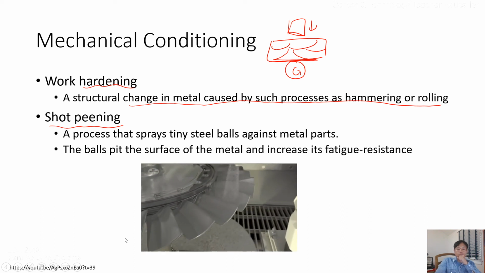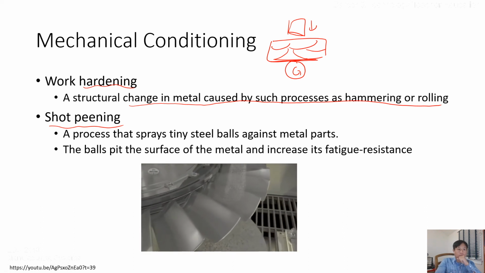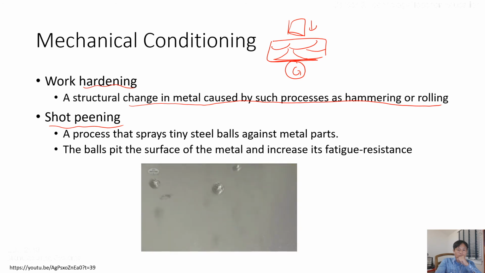Shot peening is a method of inducing residual compressive stress into the component by bombarding the surface with high-quality spherical media in a controlled operation. The media can be steel, ceramic, or glass, and each piece acts like a tiny peening hammer, producing a small indentation in the surface.